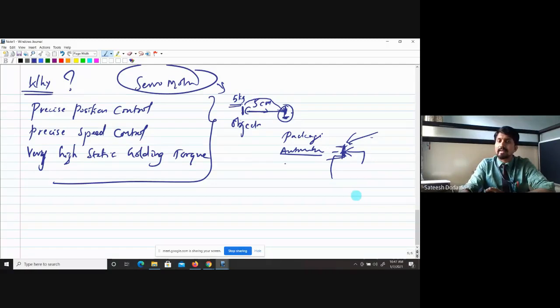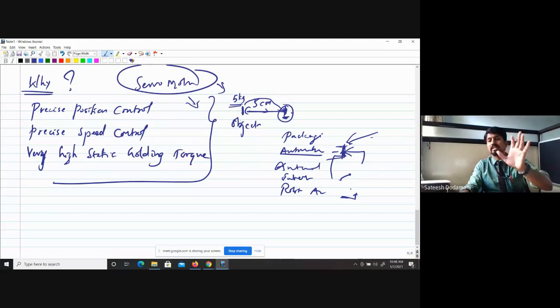At the same time, antennas in satellites have to be rotated exactly this many degrees, and that happens with the help of a servo motor. In robots, whatever the arm control, the arm has to be moved only 12 degrees, 13 degrees, and exactly stay there, and that can be done with the help of a servo motor.